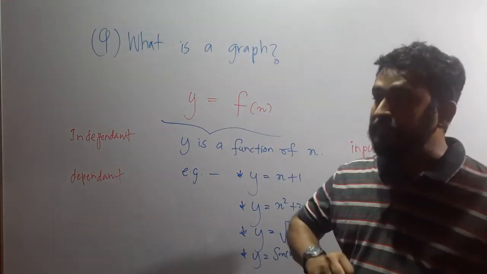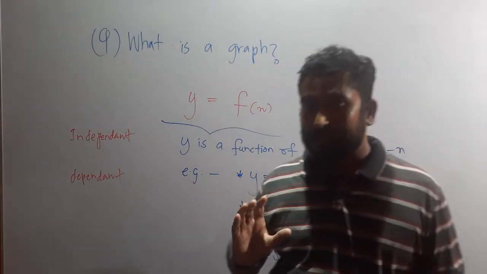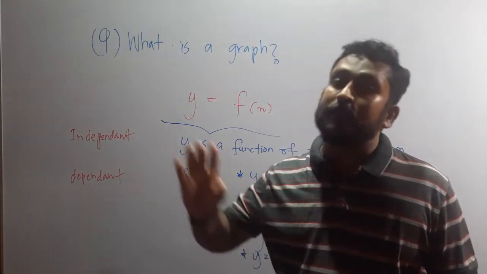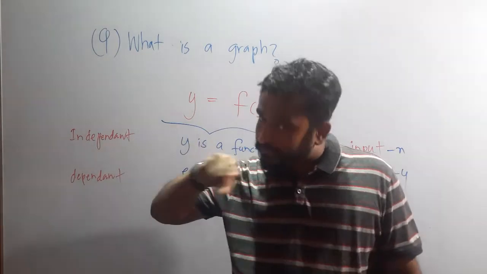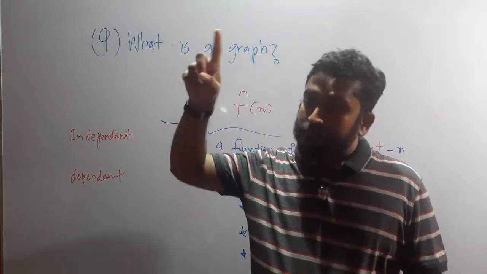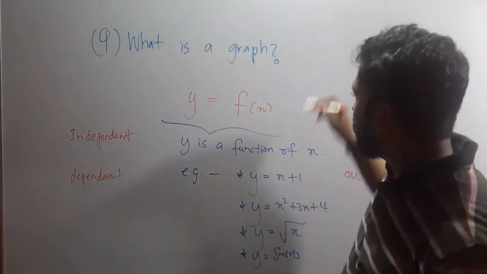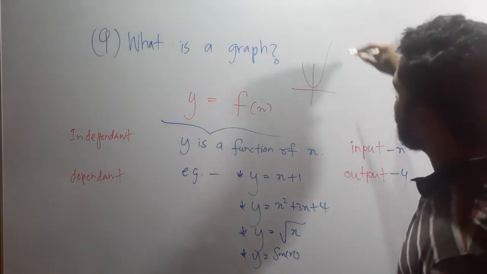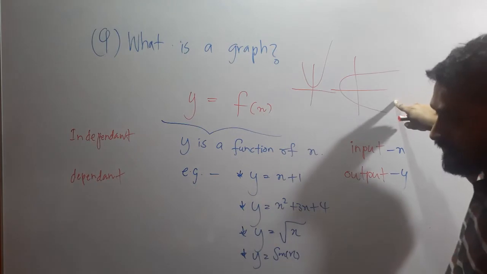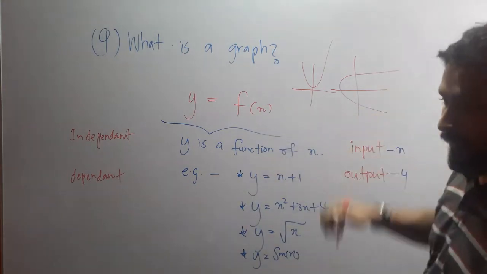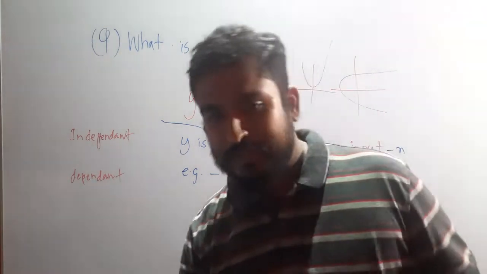But normally in this stage, we are not doing that. We only take y as a function of x because we are plotting the graphs of y against x. We are plotting these graphs only. If we plot the other graphs, that is x as a function of y. In this stage, we are not doing that.